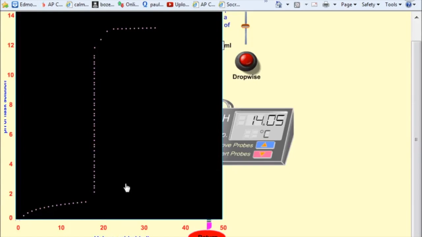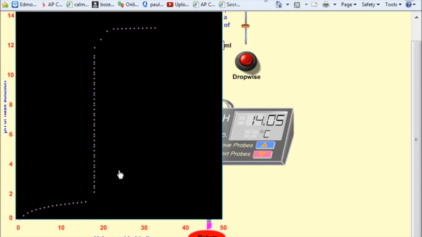And then I'm going to click on graph to see what happened. You need to sketch that graph. The x-axis is the volume of base added. The y-axis is pH.